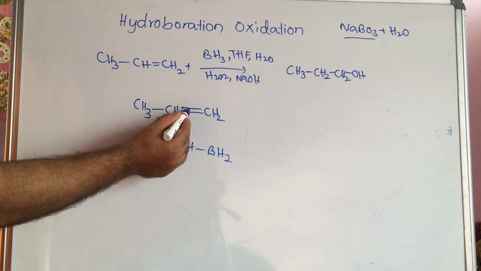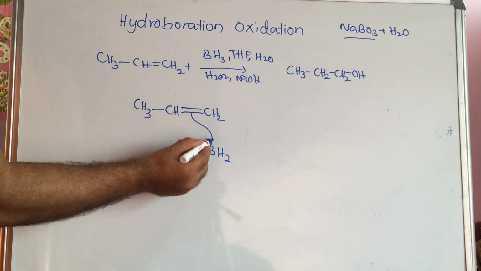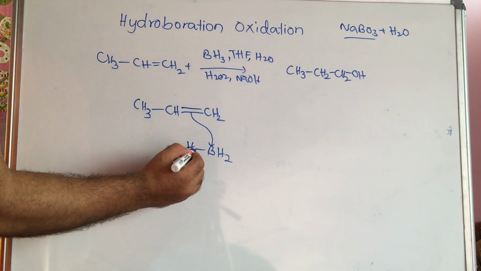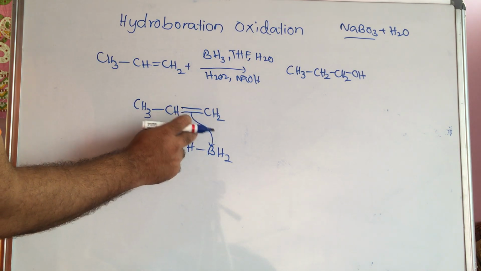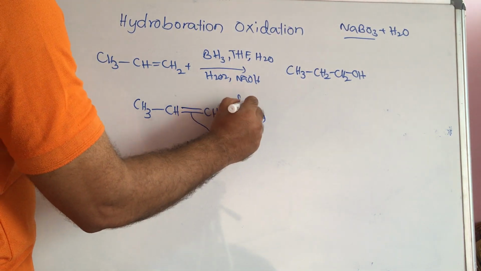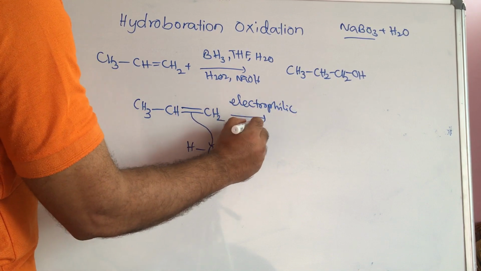This will be electron rich, this will be electron deficient, that's why it will add to this one. When this is the electrophile and this is the nucleophile, that's why it is called electrophilic addition reaction.